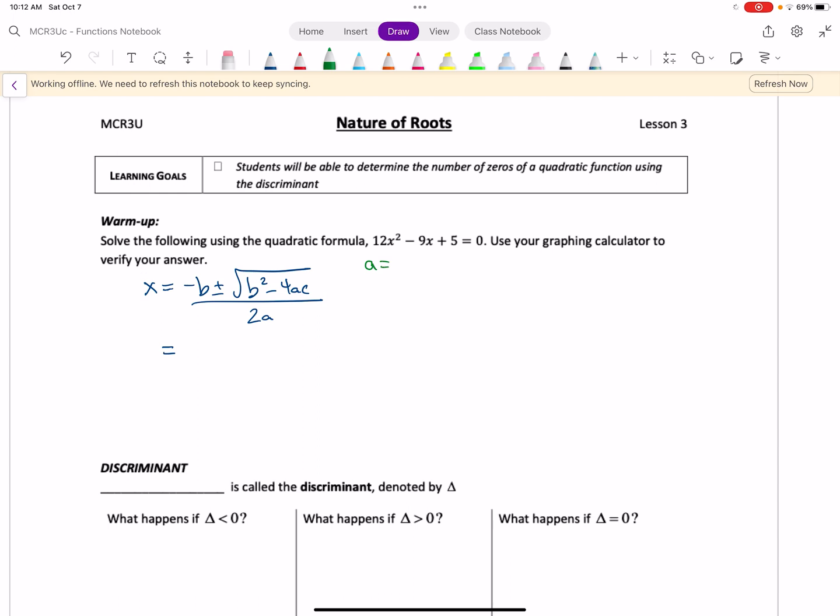So remember, a is just the coefficient here, b is the coefficient for the single x term, and then c is the one that doesn't have a variable, so that's 5. So I'm going to plug those in. So I've got negative and negative 9, so I'm just going to make that positive 9. Put that in brackets here.